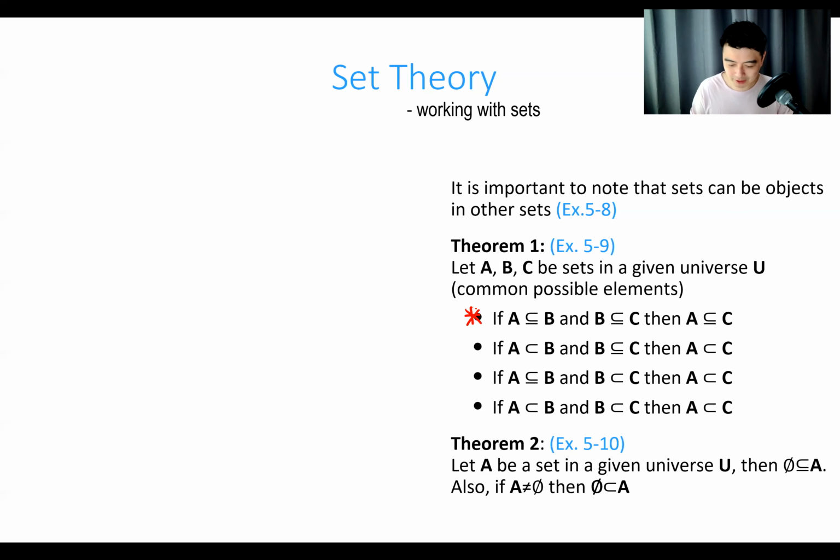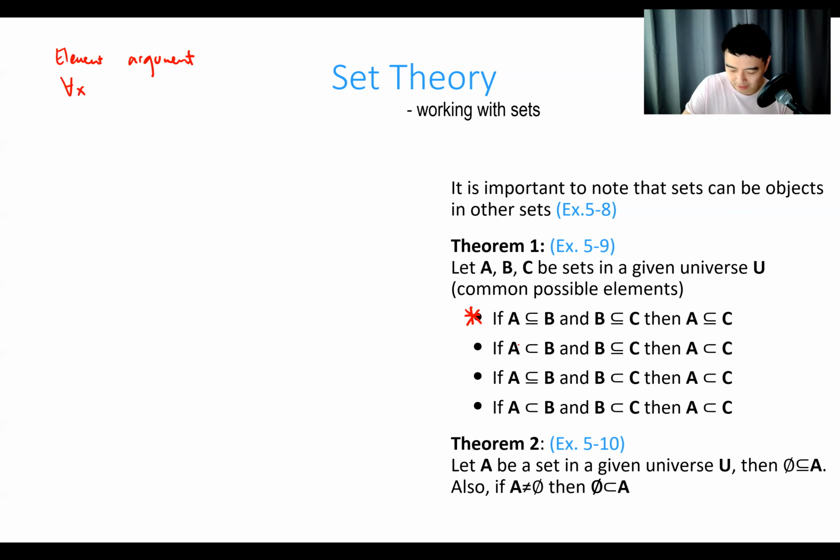Now, what I'm going to write out here is what's called an element argument. Okay, so this is called an element argument. And what an element argument is: I'm going to write the definition of the premises as well as the conclusion, and I want to show that this is a valid statement. Now, once I do that, you're going to see right away, oh yeah, this is a valid statement.